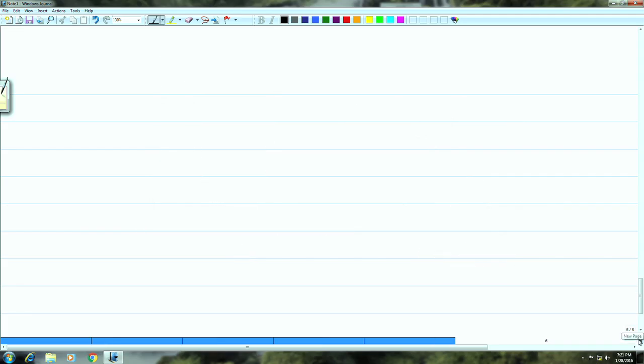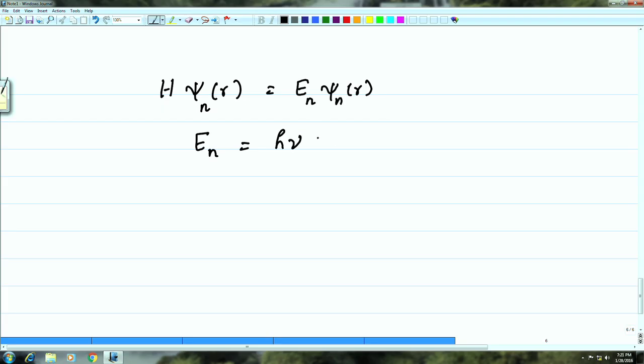The harmonic oscillator model gives us energies when you solve the Schrodinger equation, H psi n of r equals E n psi n of r, and the energies are given, as you know, by h nu times n plus a half.